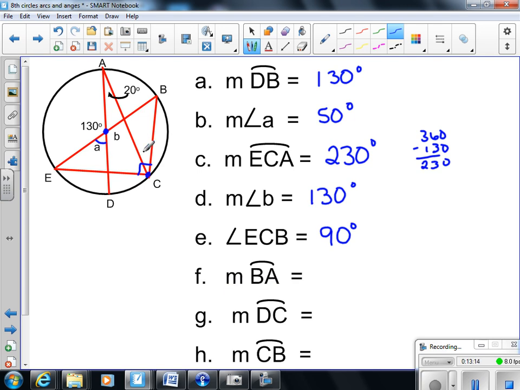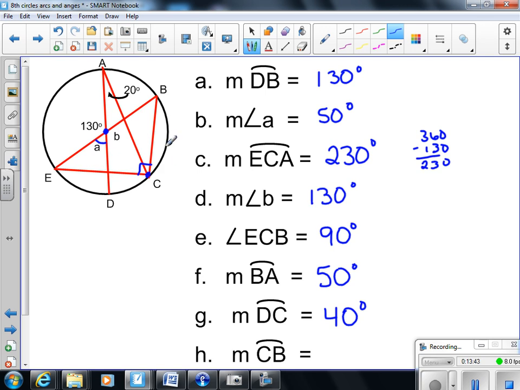What's the measure of arc BA? Okay, if we know the central angle is 50 degrees, then its arc is going to be 50 degrees. Good. Okay, what about the measure of arc DC? Here I know the inscribed angle is 20, therefore what does this arc measure? Good, 40 degrees. And the last one, the measure of arc CB.